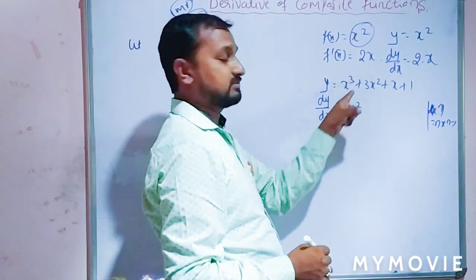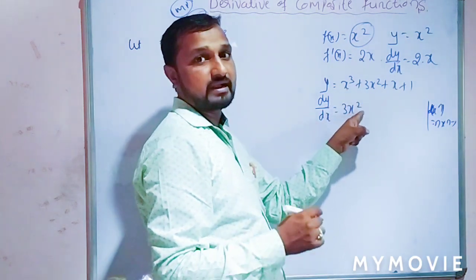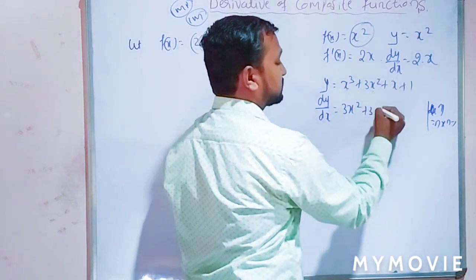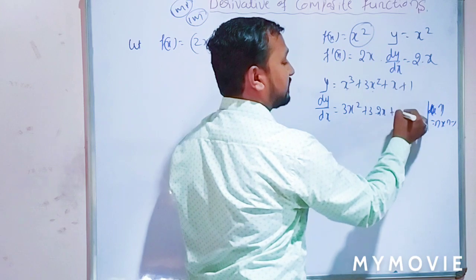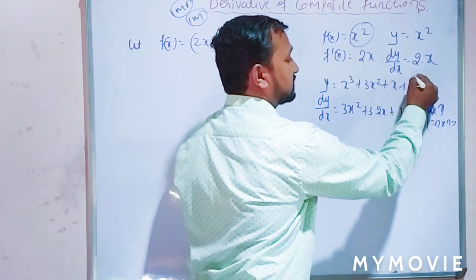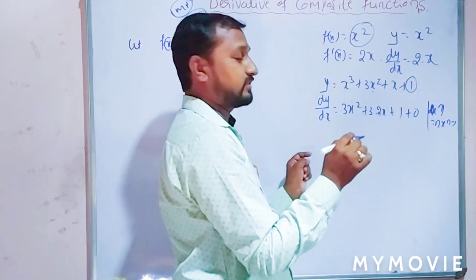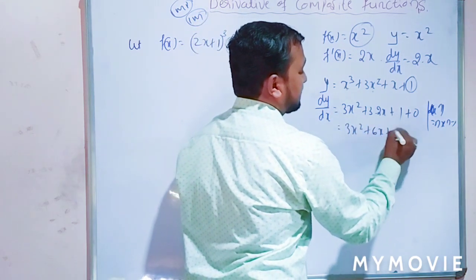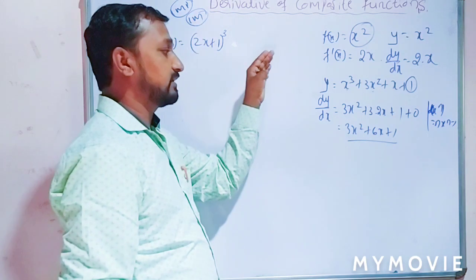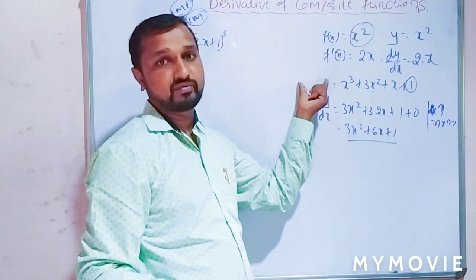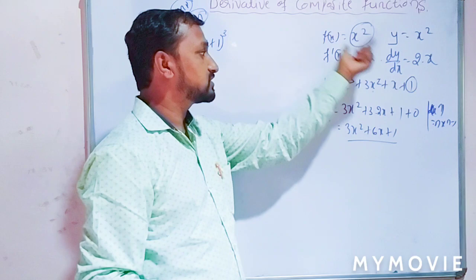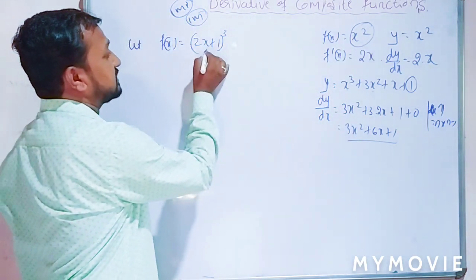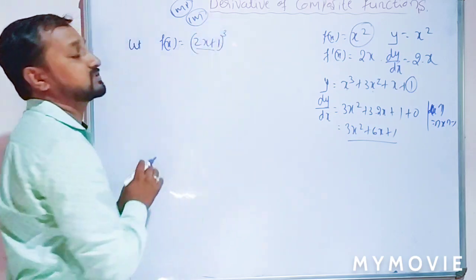So n is 3, 3 into x raised to 3 minus 1. Already we studied that in the first piece. Here plus 3 as it is, the derivative of x square is 2x, plus the derivative of x is 1, plus the derivative of the constant function 1 is 0. Already we know that this is a direct derivative. So that is equal to 3x square plus 6x plus 1. So this is the derivative of the given function. This is one unique function. But in this function, f of x equal to 2x plus 1 whole cube, it is a composite function.